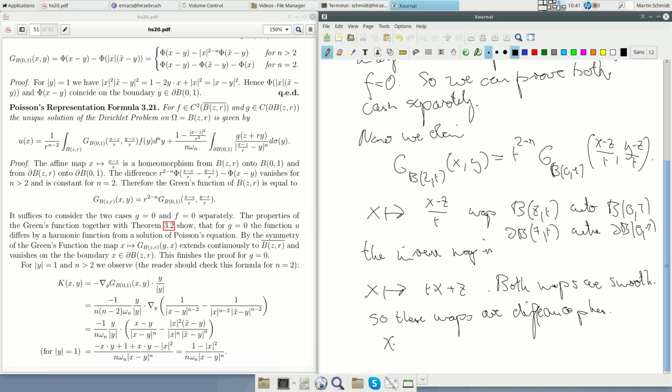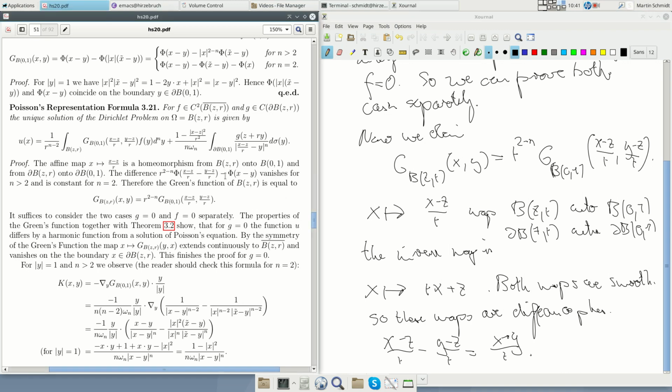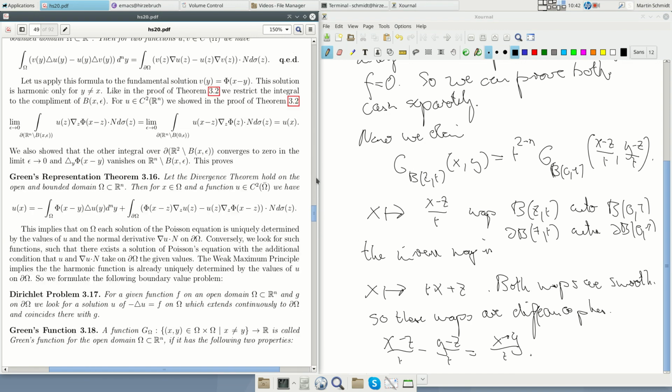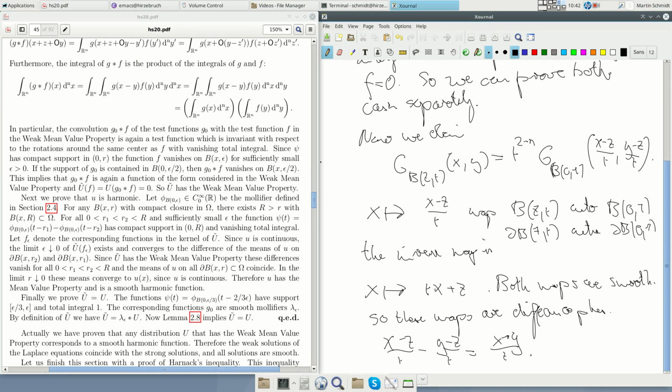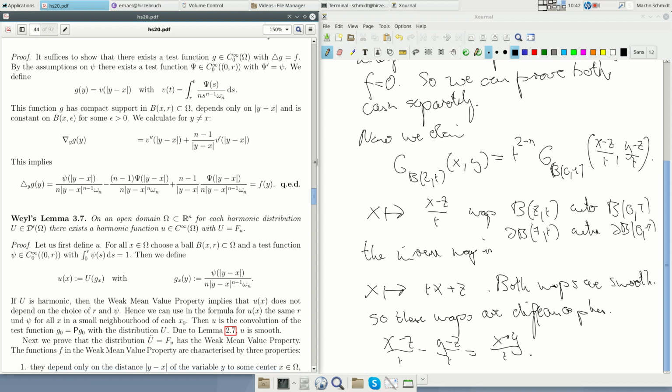Of course, (x minus z) over r minus (y minus z) over r is equal to (x minus y) over r. Okay, and now if we multiply the argument in phi with 1 over r, then by the definition of this function, what do we get?